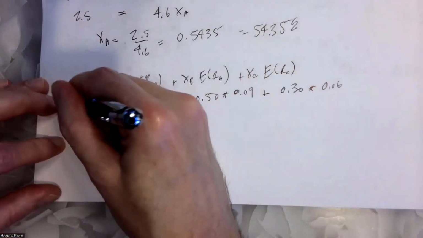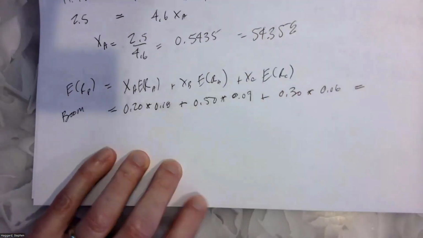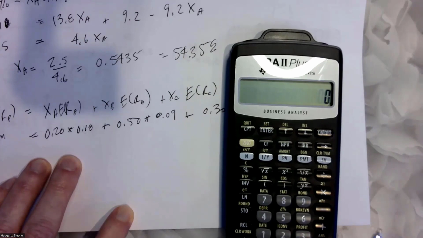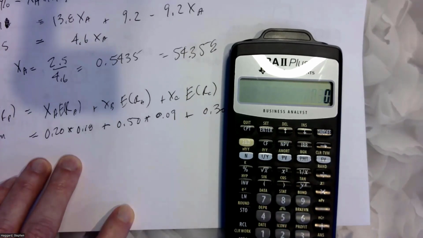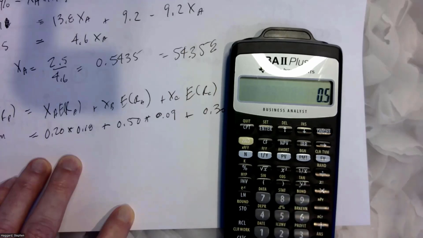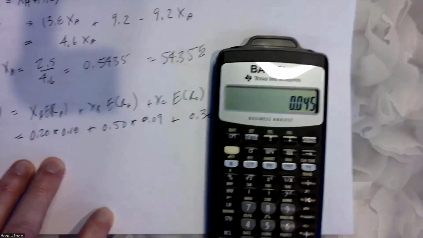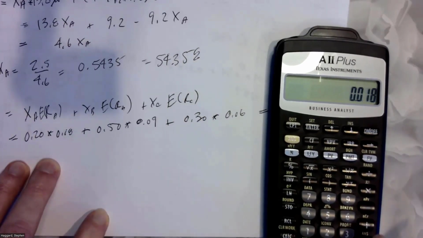0.06. Now this is for boom. And so the expected return for boom, we're going to calculate that out. But here's the way I'm going to do it, just to make the math easy for me so I don't mess things up. 0.2 times 0.18 equal store 1. 0.5 times 0.09 equal store 2. 0.3 times 0.06 equal store 3.